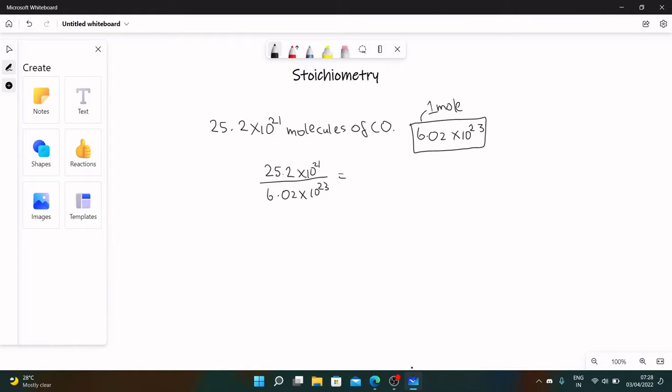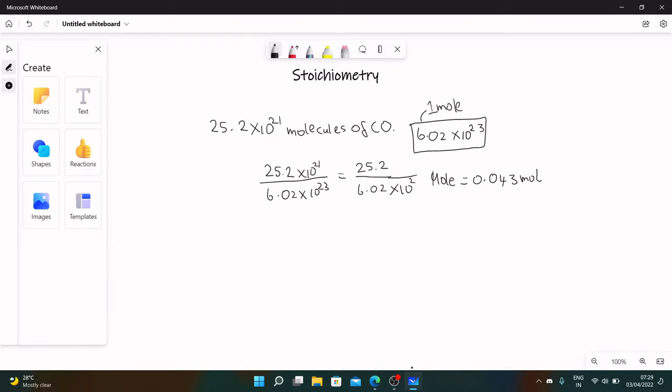Now we have to do a bit of surds. We are going to bring that here and then multiply. So if you solve this, it is going to give you 0.043 mole.